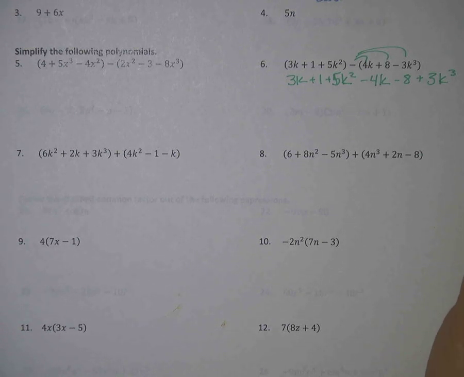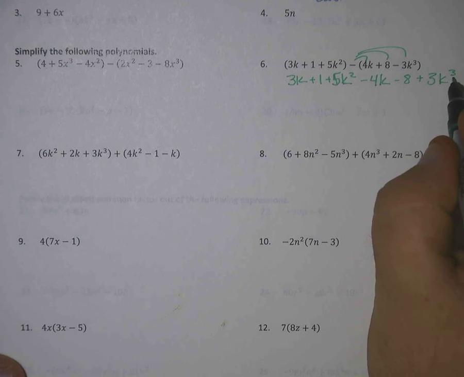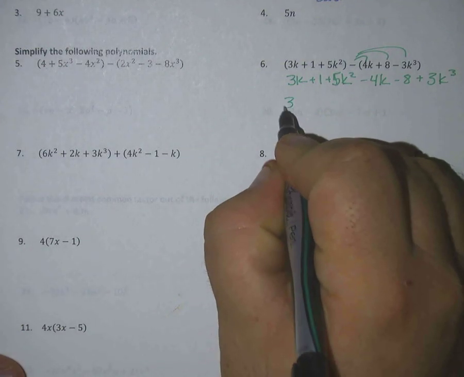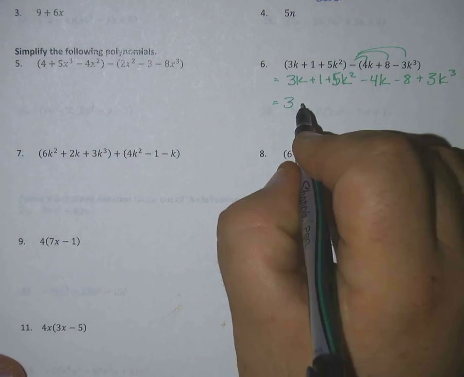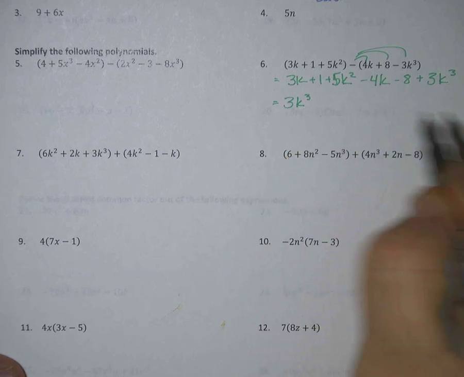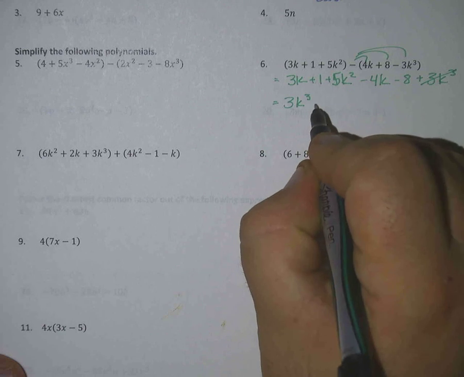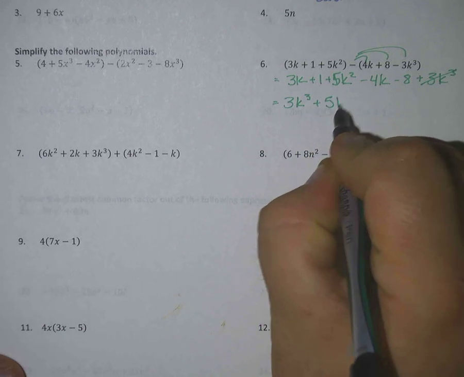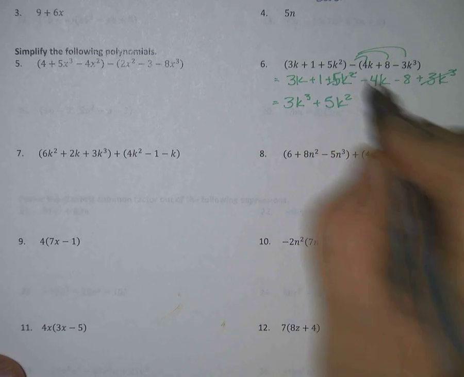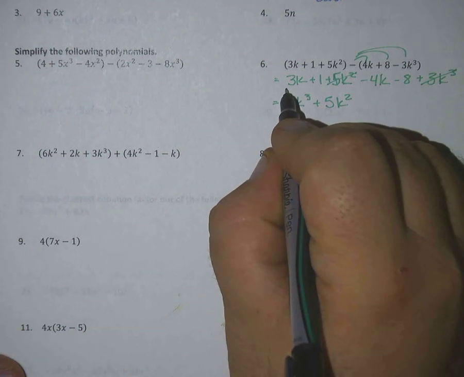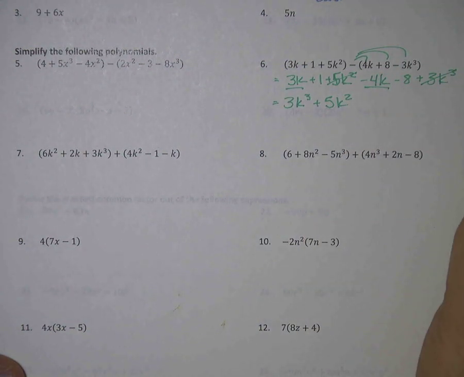So the highest power on the variable k is cubed, so that's going to be 3. We'll say these are equal. So 3k cubed. I'm going to go ahead and cross that one off. Next one would be k squared, so that's going to be 5k squared. Cross that one off. I do have like terms in the k's.